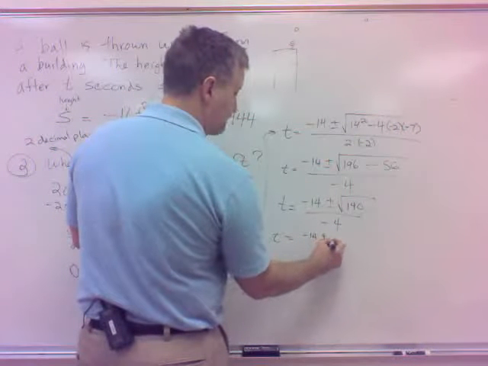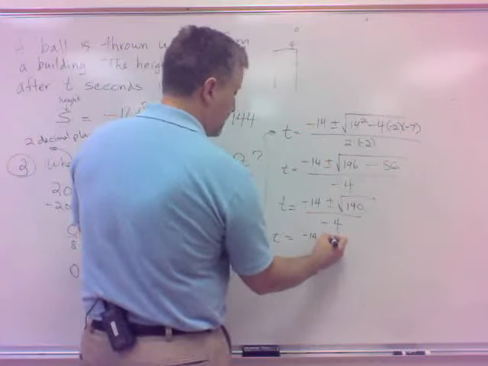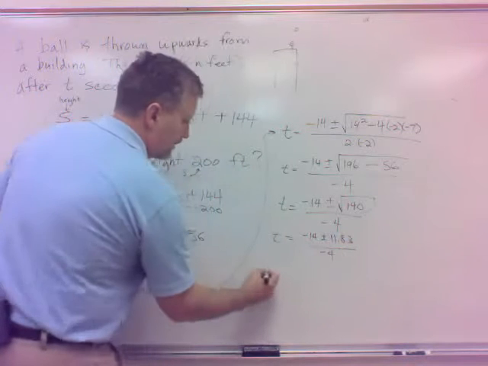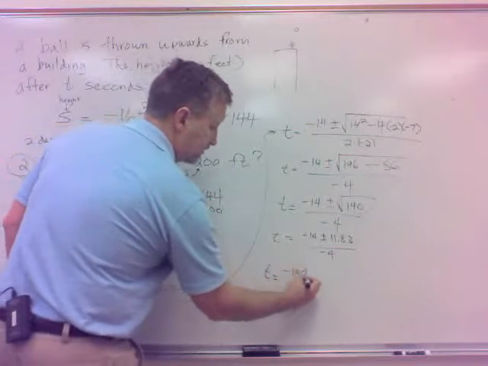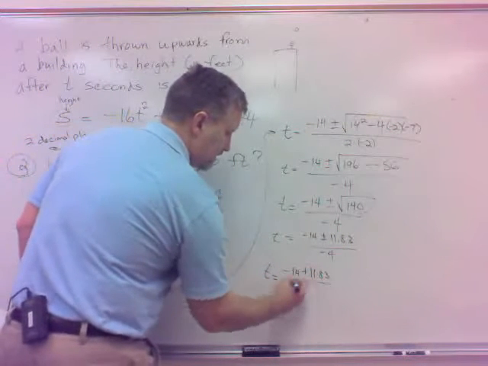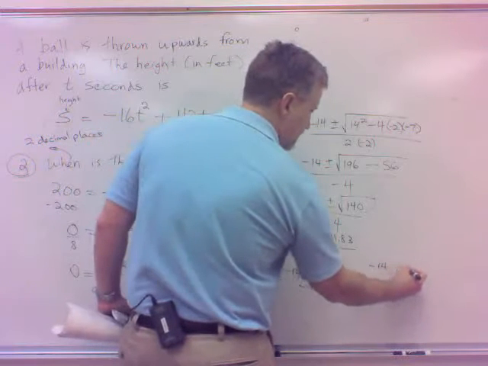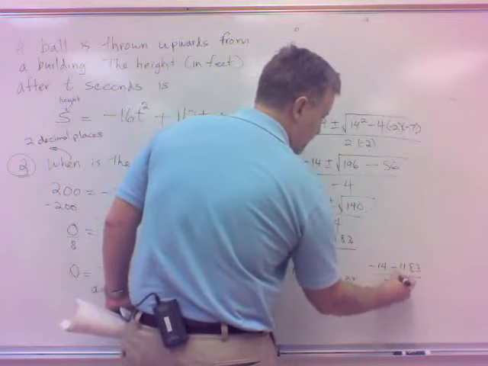So negative 14 plus or minus 11.83, divide that by negative 4. Well, that's going to give me negative 14 either plus 11.83 divided by negative 4, or negative 14 minus 11.83 divided by negative 4.